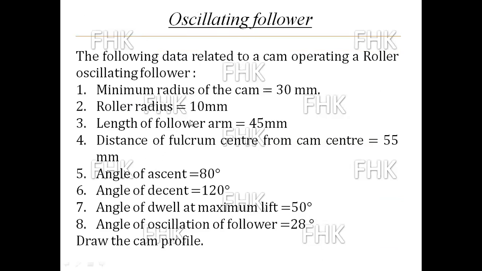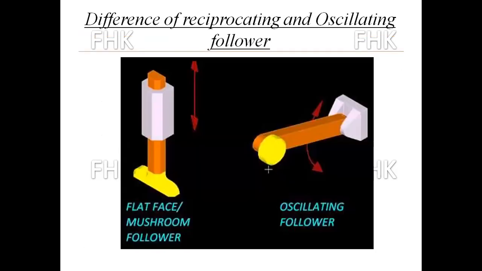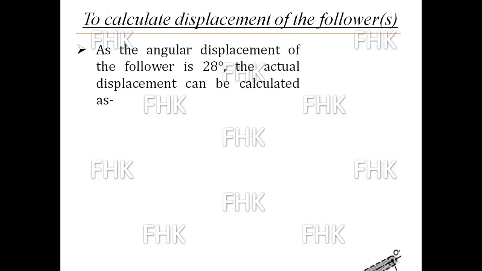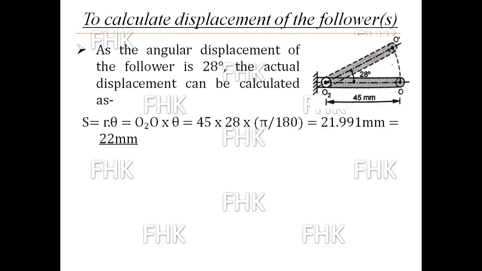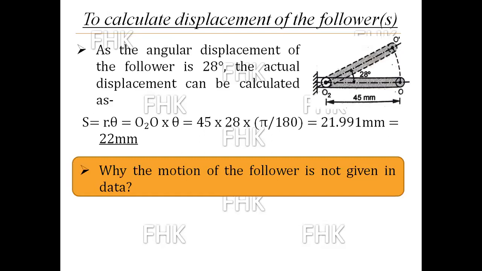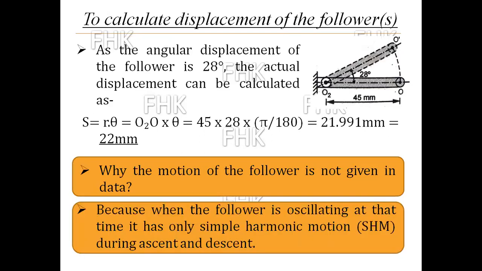Whether the follower is moving with uniform velocity, simple harmonic motion, cycloidal motion, or uniform acceleration and retardation, that data is not given. That means that it is not missing. Remember, in case of an oscillating follower, when the follower is having oscillatory motion, it is directly having simple harmonic motion.